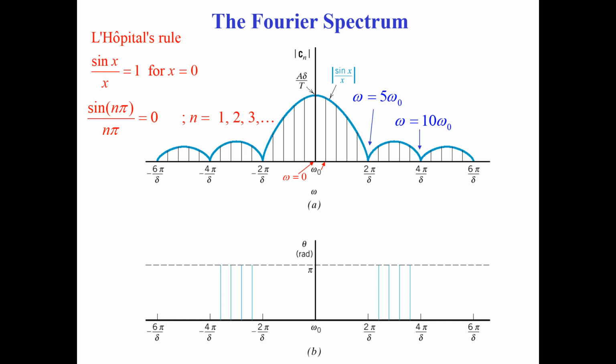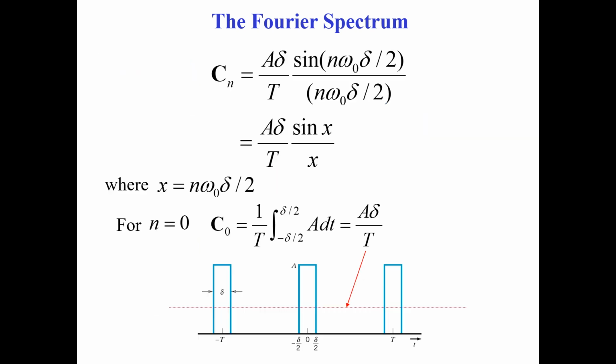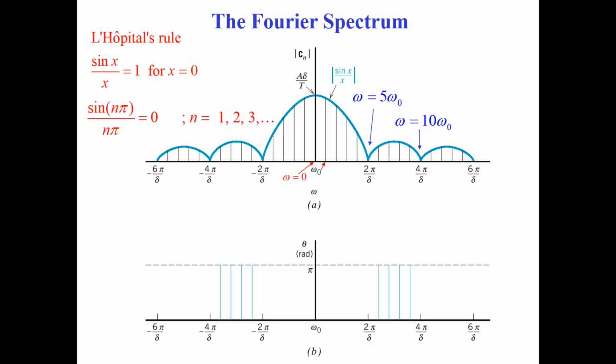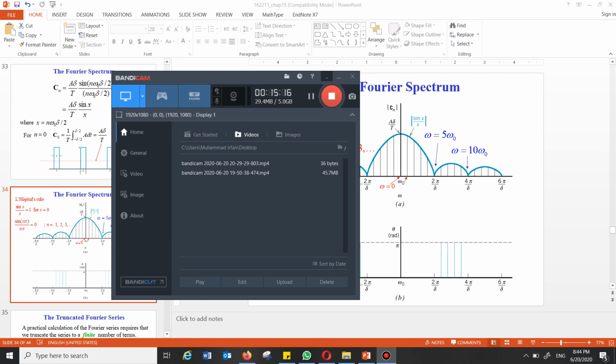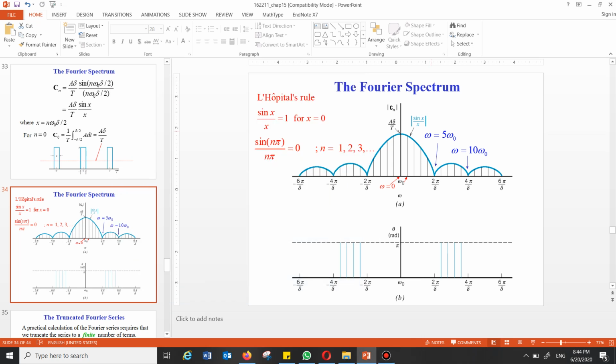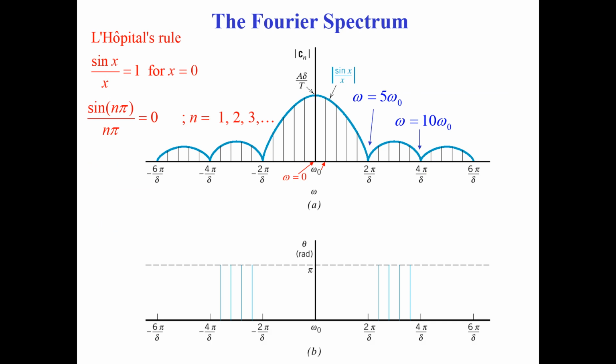You already know that for the rectangle, rect or this kind of shape, it's a sinc function. The Fourier spectrum is a sinc function. Okay, let's keep moving.